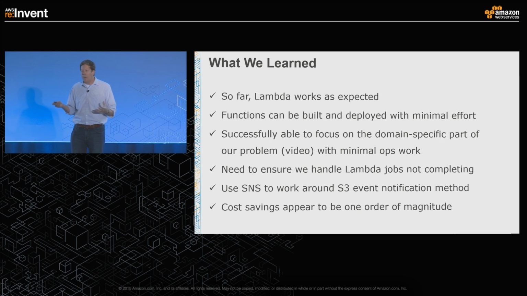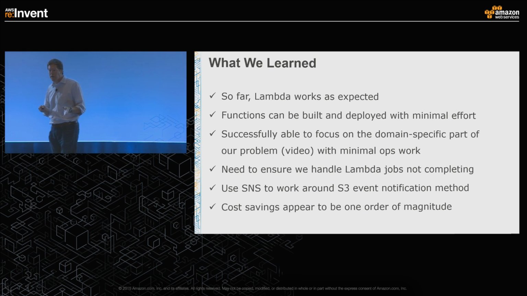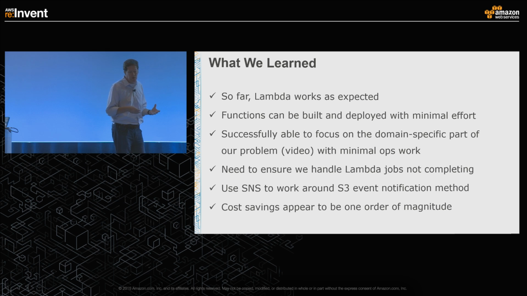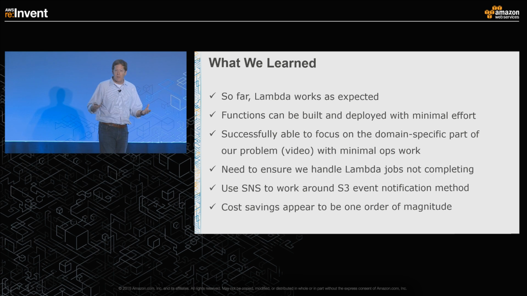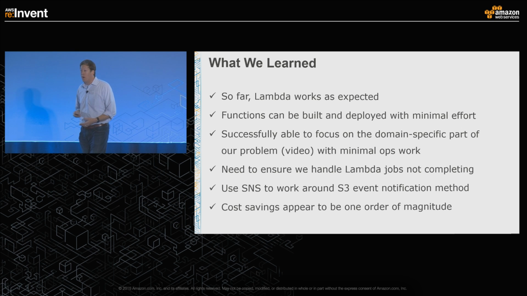We have a compiled binary, an application called FFmpeg, that's compiled in a separate build path, but it's just included in the zip file that Viom mentioned when we upload our actual Lambda job. It was very straightforward to create this. And so instead of spending a lot of time working on figuring out the mechanics of this and putting this together, we were able to put our energy into the domain-specific part of this problem and really focus on video.